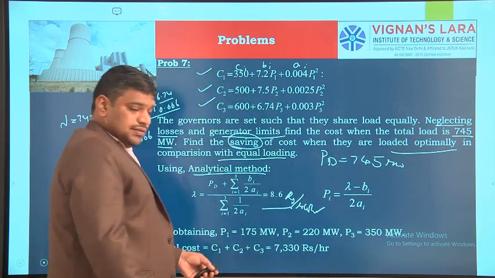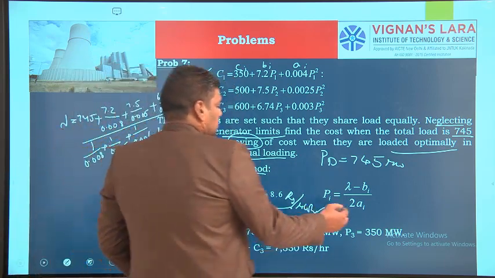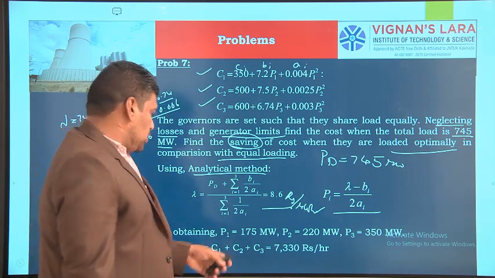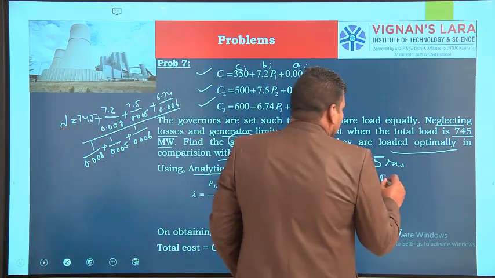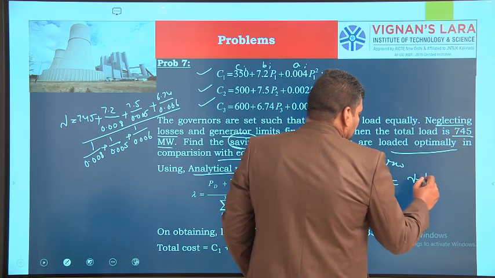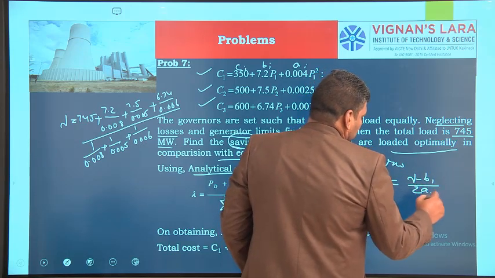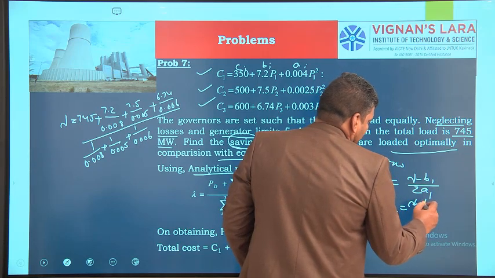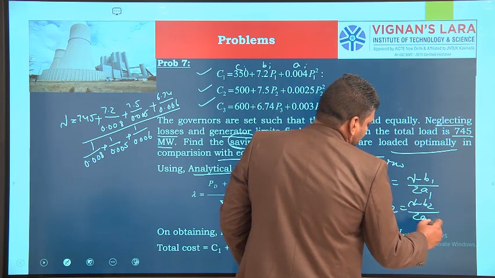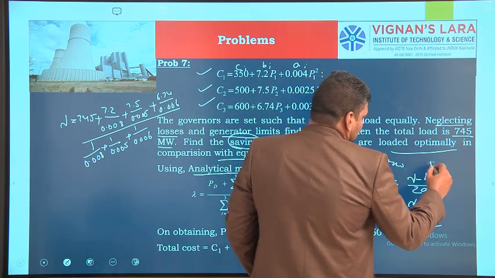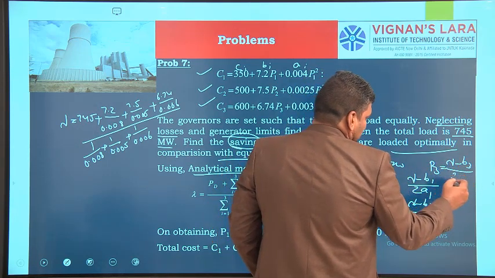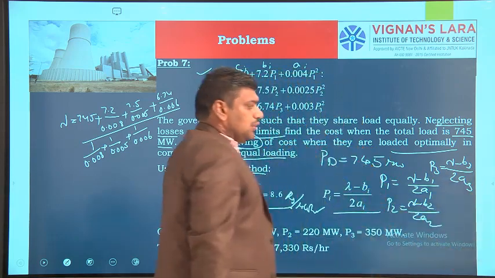After this, to obtain the PI values, PI is equal to lambda minus BI by 2AI. So P1 is equal to lambda minus B1 by 2A1. Similarly, P2 is equal to lambda minus B2 by 2A2, and P3 is equal to lambda minus B3 by 2A3.